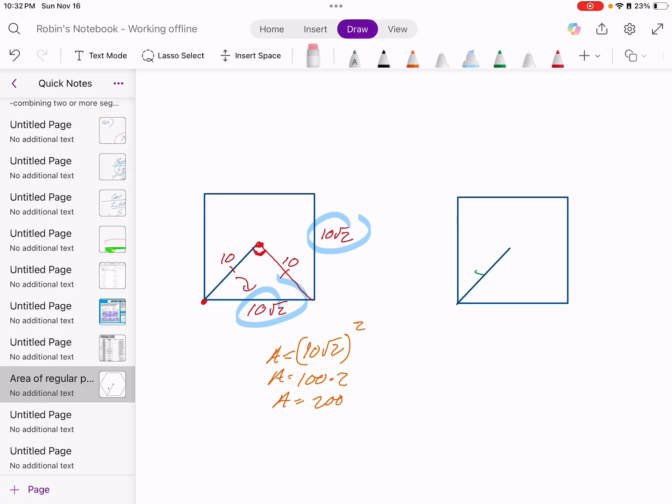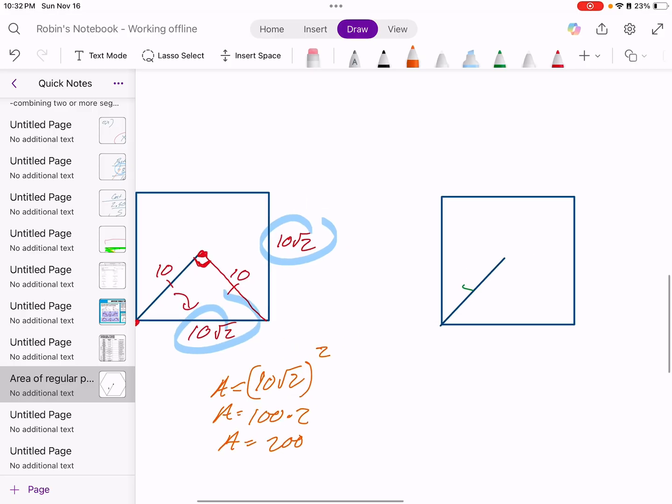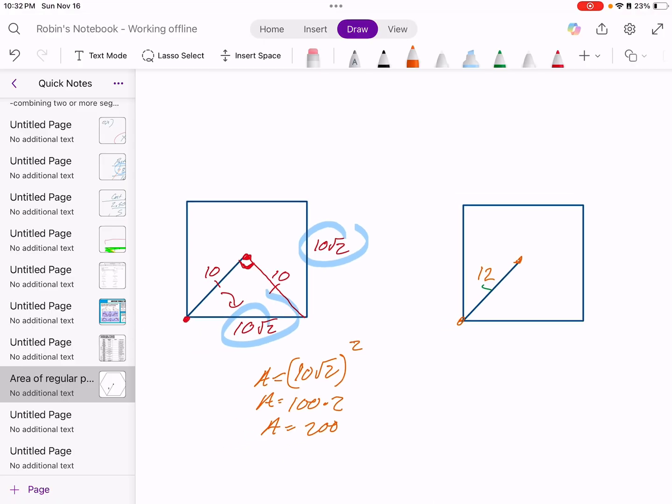Trig works, trig is perfect, but if I'm just saying that this radius, I'll pick a different number, let's just say that this is 12. And I want you to try to find the area of a triangle using that radius with trig, without trig, either.